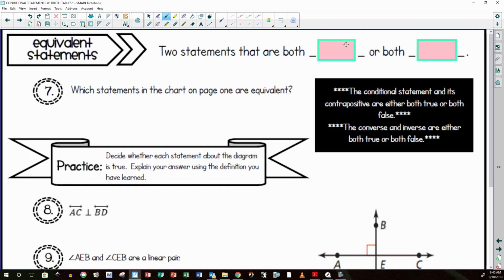So equivalent statements are when two statements are both true or both false. So on the previous page, it said which statements on the chart from page 1 are equivalent.